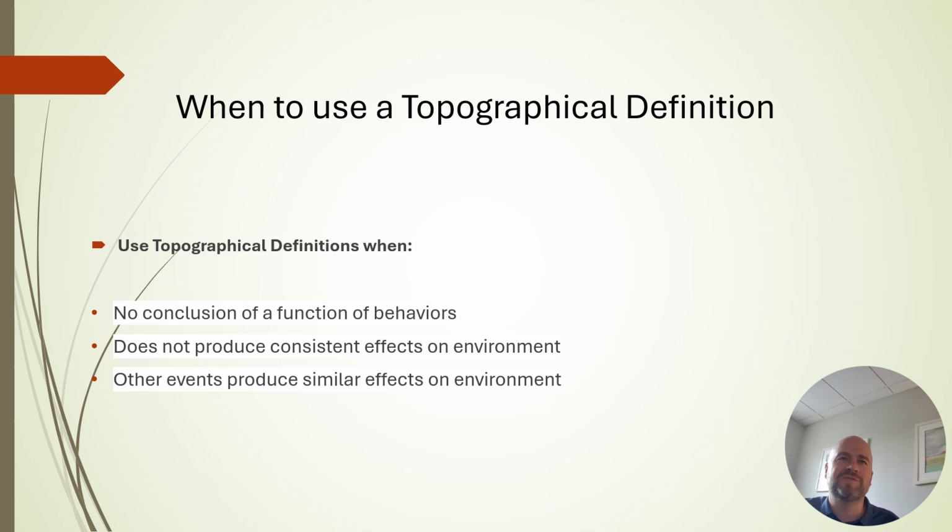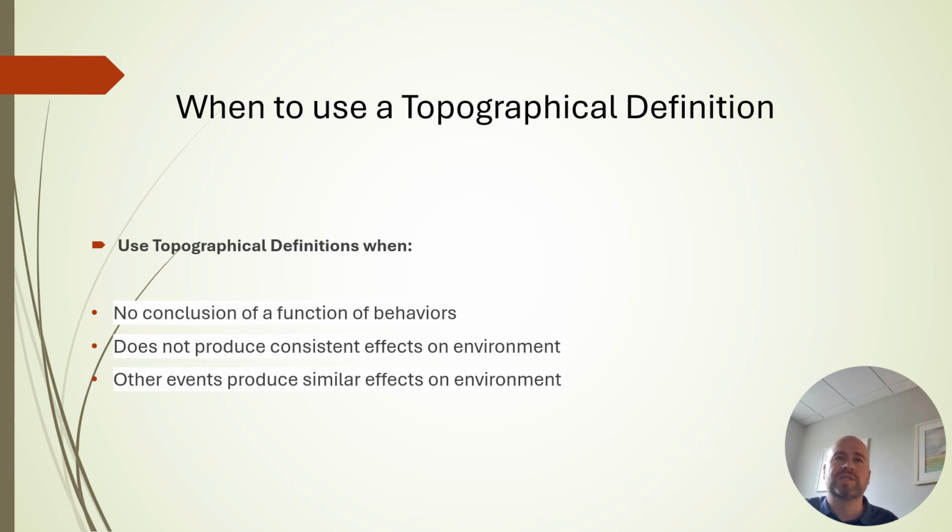So when should we use topographical definitions as an alternative to function-based definitions? Maybe we would use these if we don't have a conclusion on the function of the behavior. We're not really sure why this person is engaging in this behavior in this moment, but we want to put a data recording method into place.